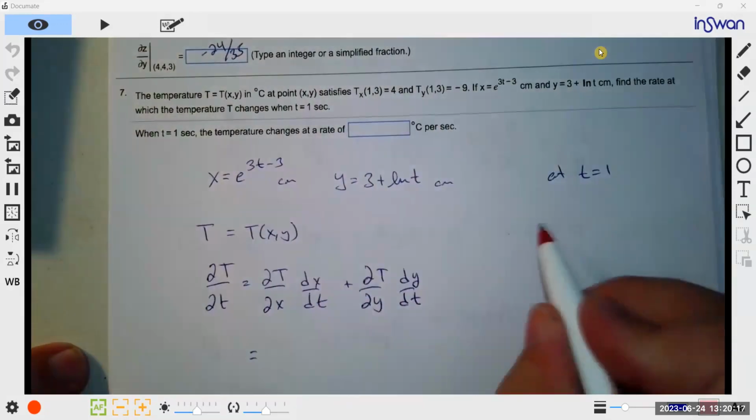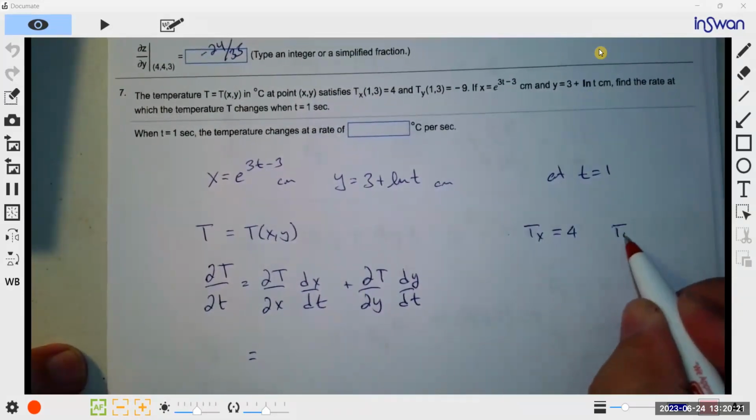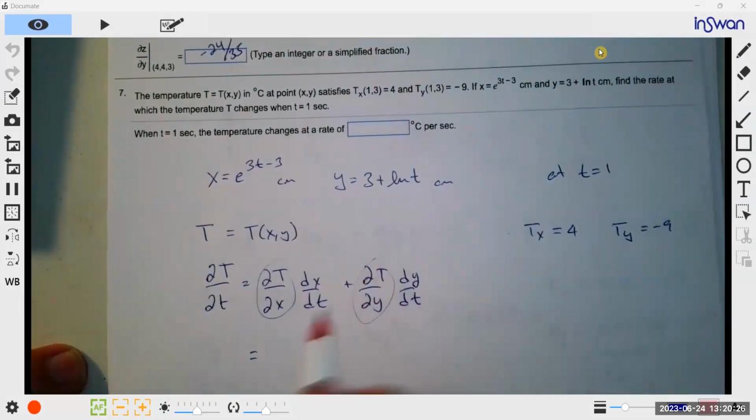We know that T_x equals 4 and T_y equals negative 9. So this one equals 4, and this one equals negative 9.